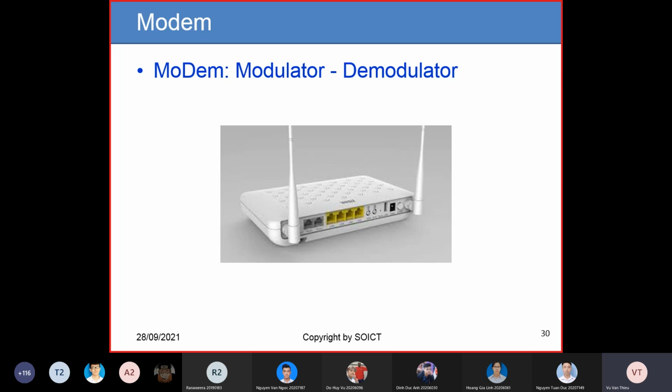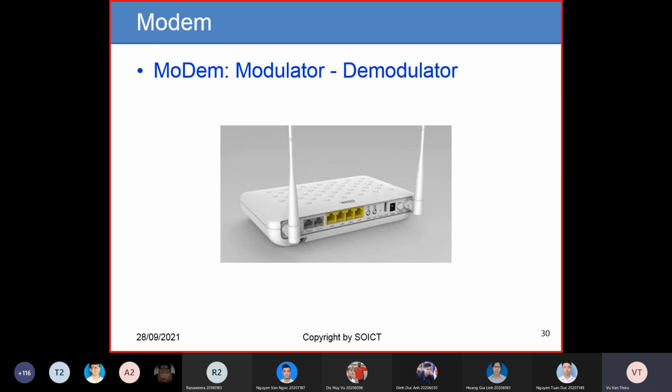For example, you are a subscriber of VNPT or Viettel Telecom. Viettel Telecom or VNPT is an internet provider, right? So you are a subscriber, and you need a modem to connect you to the provider such as Viettel Telecom.